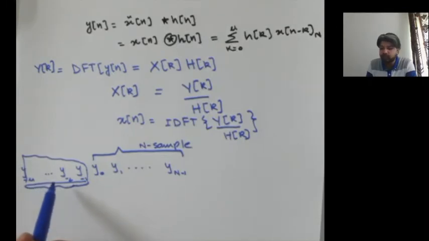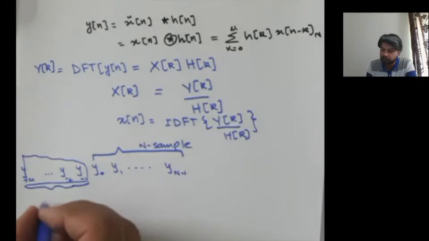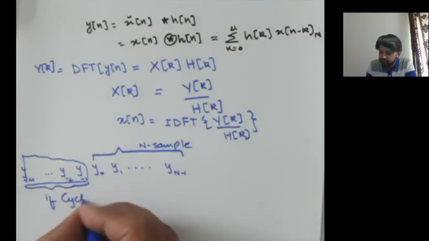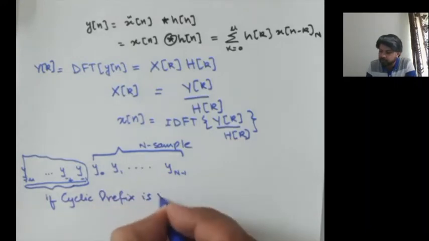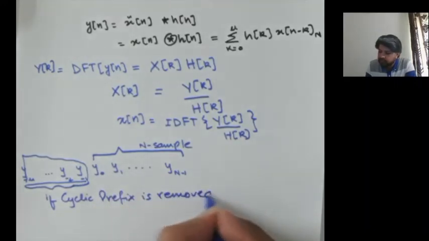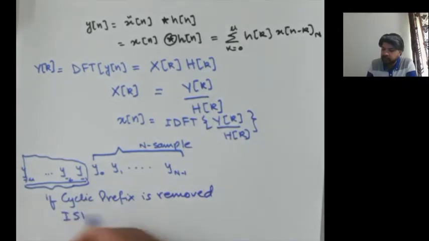And as you are removing all of this, once the cyclic prefix is removed, the inter-symbol interference is totally eliminated.